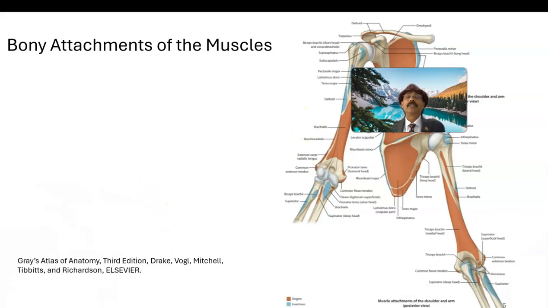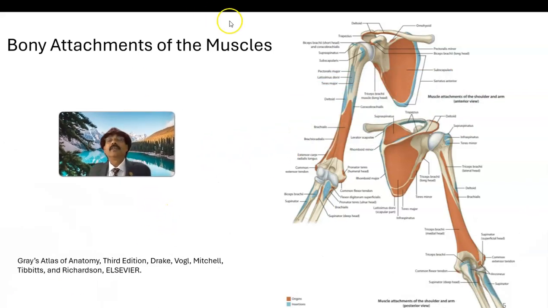Okay, so these are the bony attachments. Let us summarize again. We have the biceps brachii, short head coming from the tip of the coracoid process along with the coracobrachialis. The long head comes from the supraglenoid tubercle of the scapula. They will unite, and the biceps brachii will insert to the radial tuberosity.